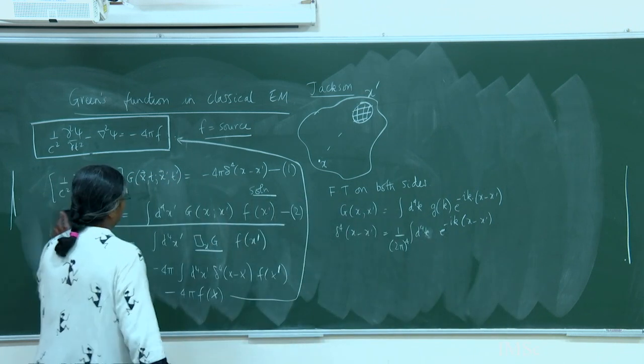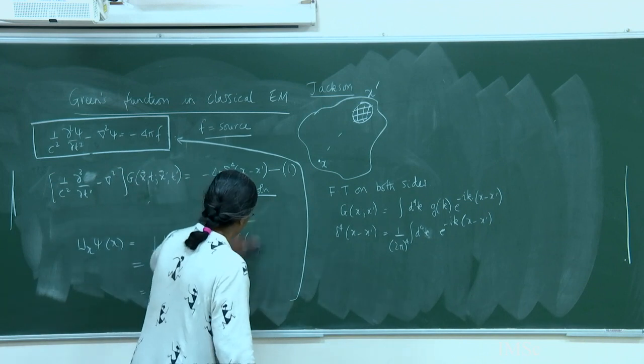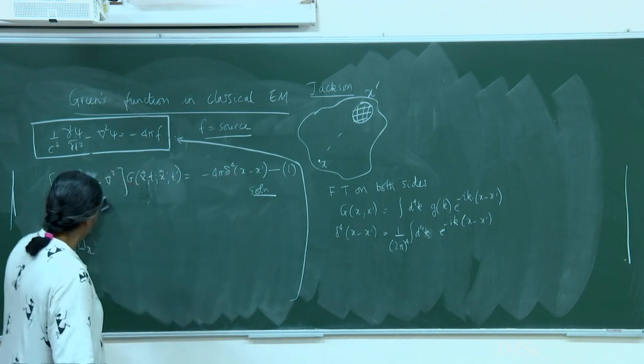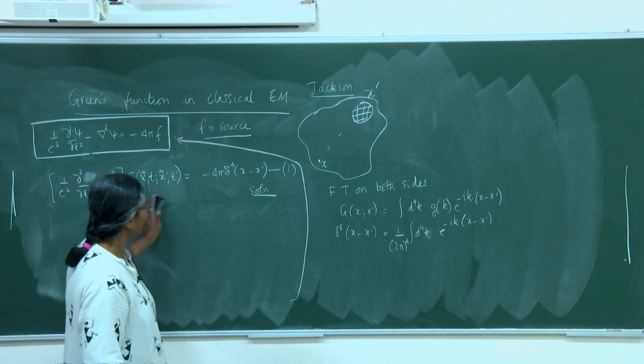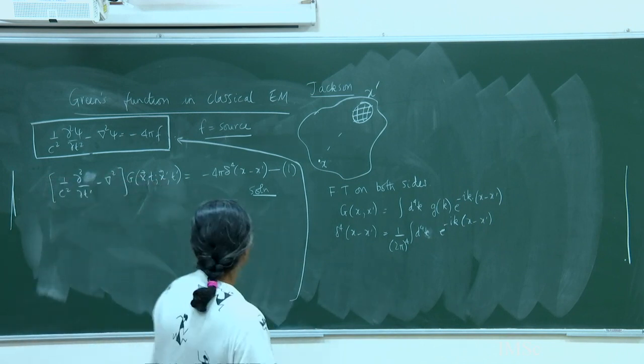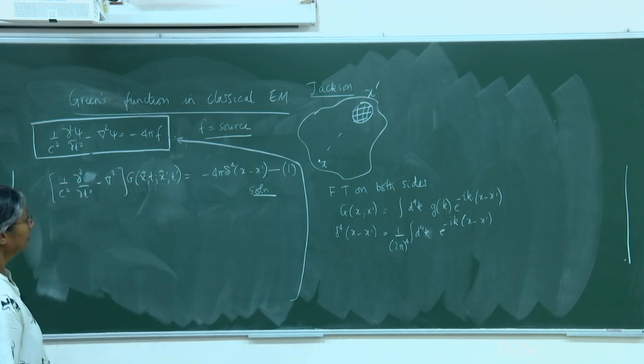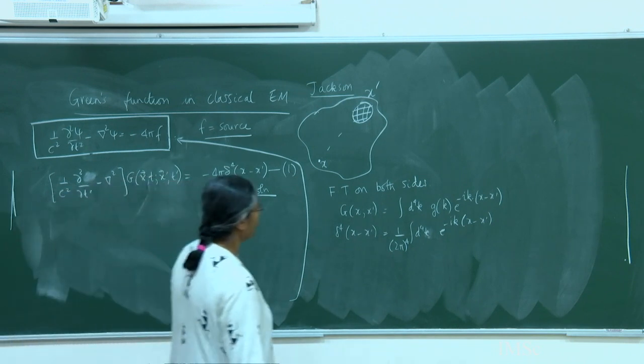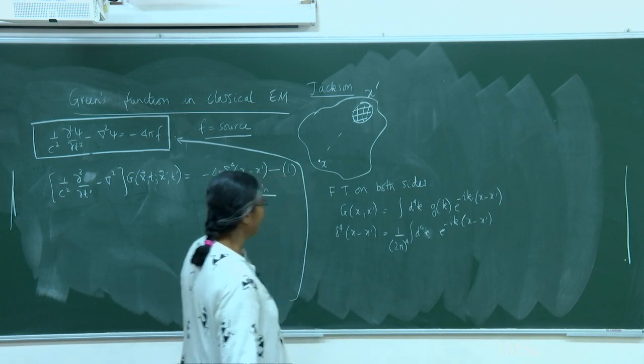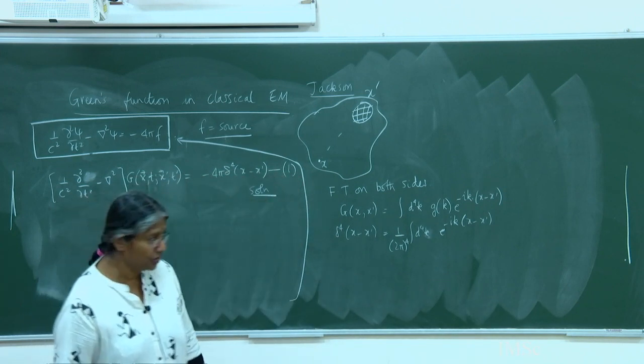So these are our Fourier transforms. That's a choice. This is his choice of delta function. See, with the delta function you always have a choice, right?